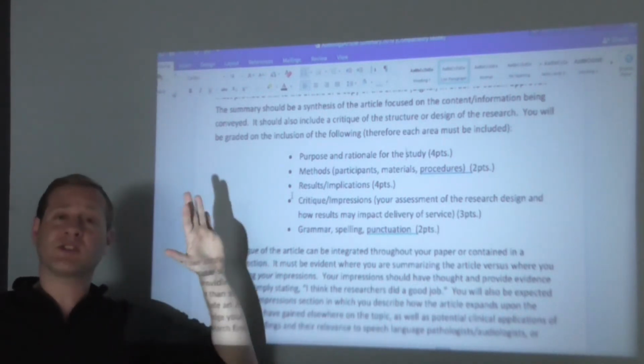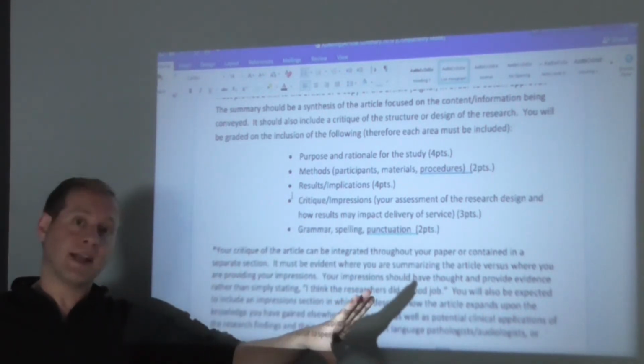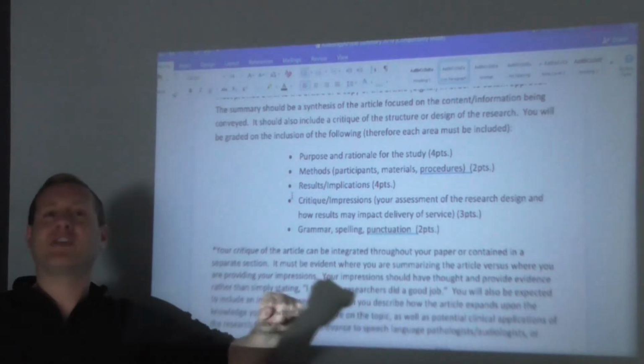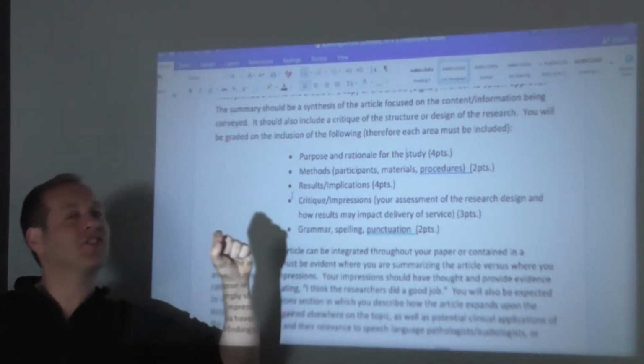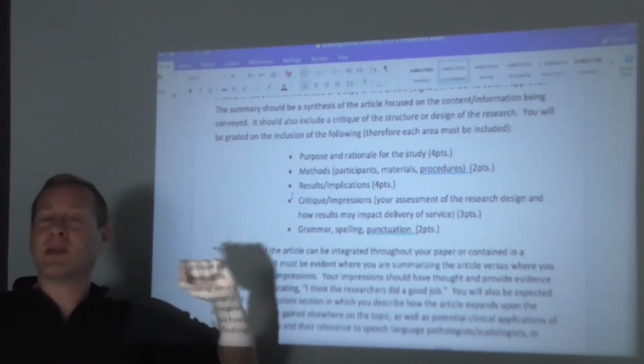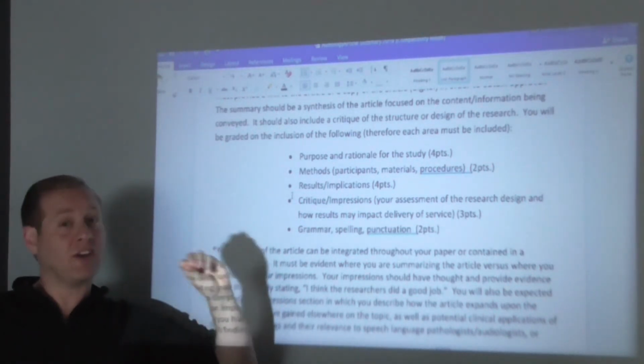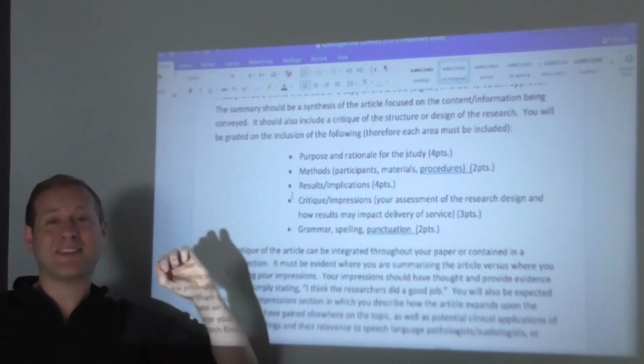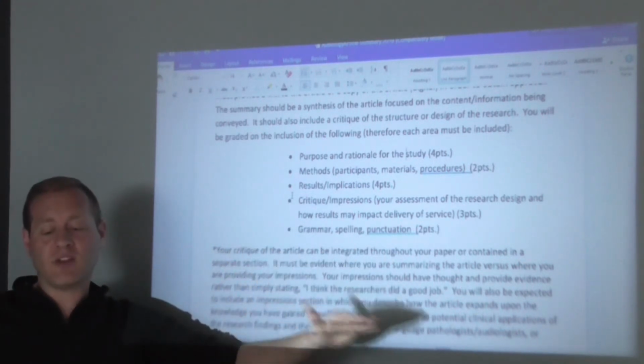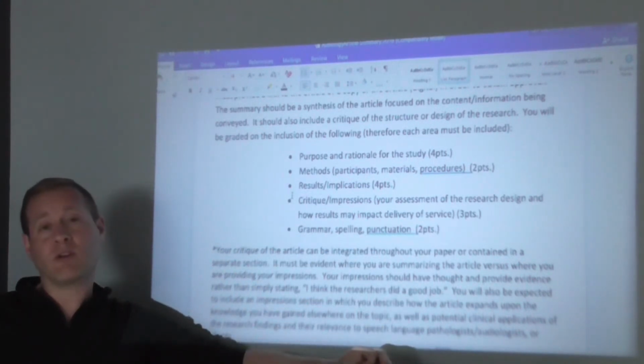Okay? So you are to summarize the article, okay? Not rewrite the article. Summary means a shortened version of. So if your article is 8 pages, your assignment that you're going to hand in should not be 8 pages. Again, this is a summary, okay? Within your summary, you should also include your own critique.